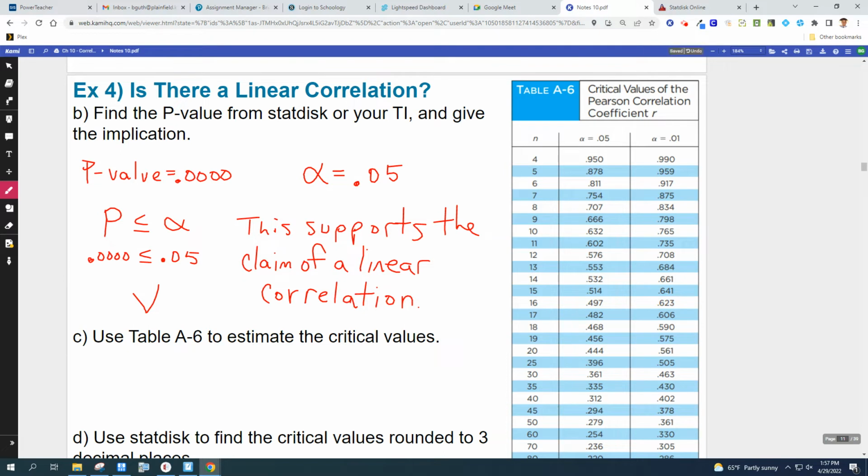Notice the gray language. It doesn't say that there is a linear correlation. It just says that there could be. This supports the claim of a linear correlation.